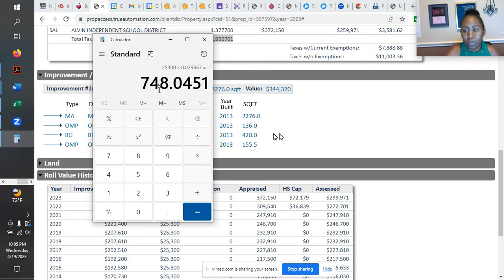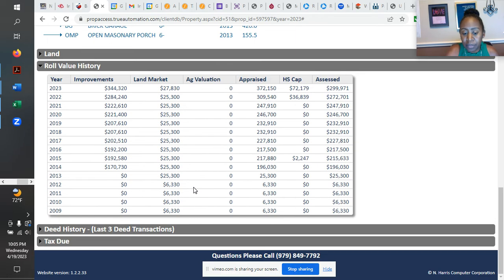So the taxes were only $748 that year, as opposed to currently they're actually over $11,000. But with the homestead exemption, they're paying just under $8,000. So $750 was the tax bill in 2013, roughly. The tax rates may have changed since then, but we'll roughly say $750. And then it's gone up year over year since then.